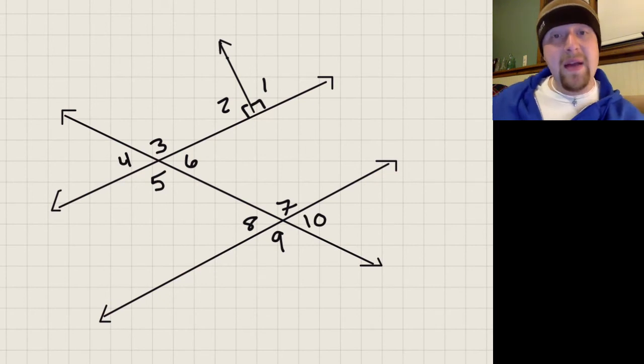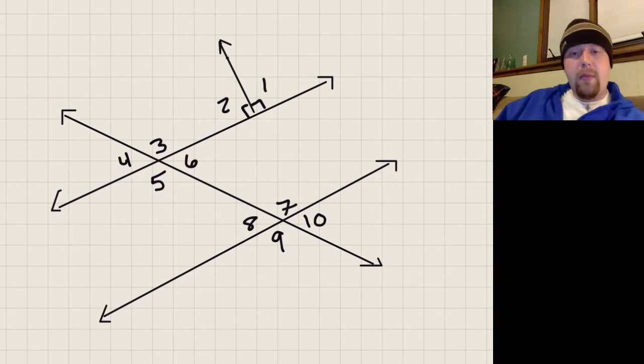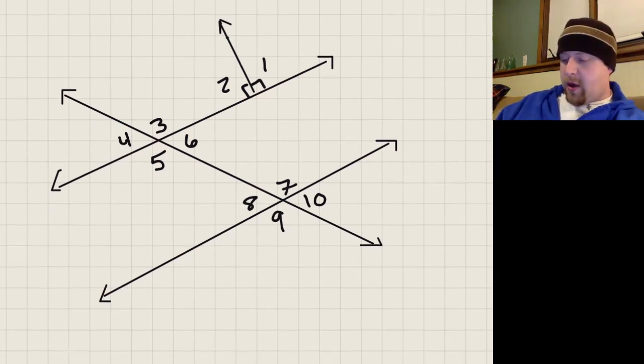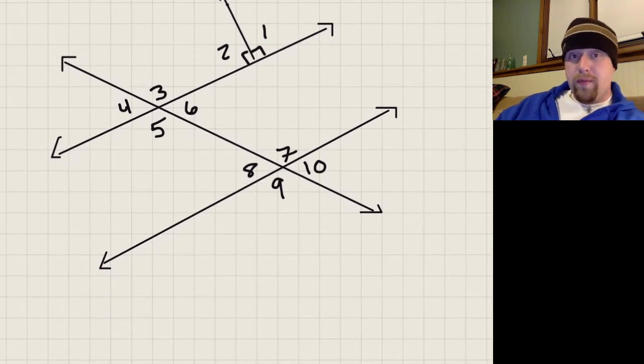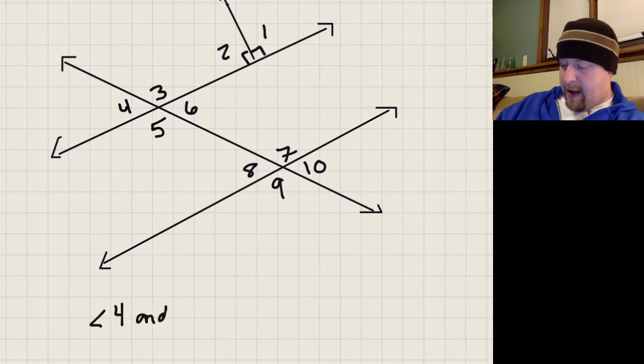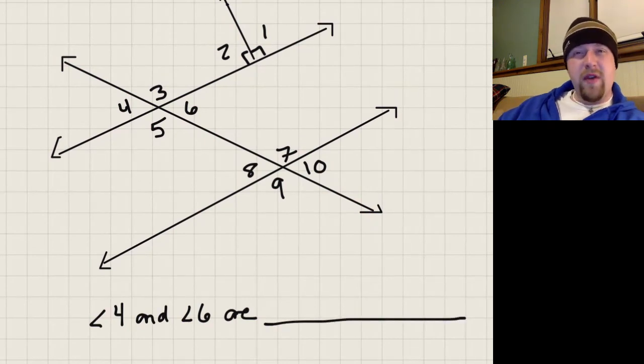There are 10 angles in this diagram, okay? So I'm just going to start going through and showing you some things that you could identify here. First of all, I want you to try and identify some of these things on your own. So angle 4 and angle 6 are, I want you to see if you can fill in, what types of angles?